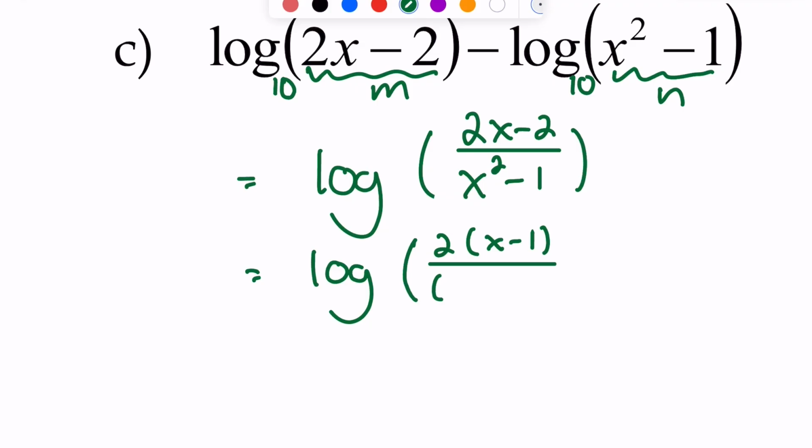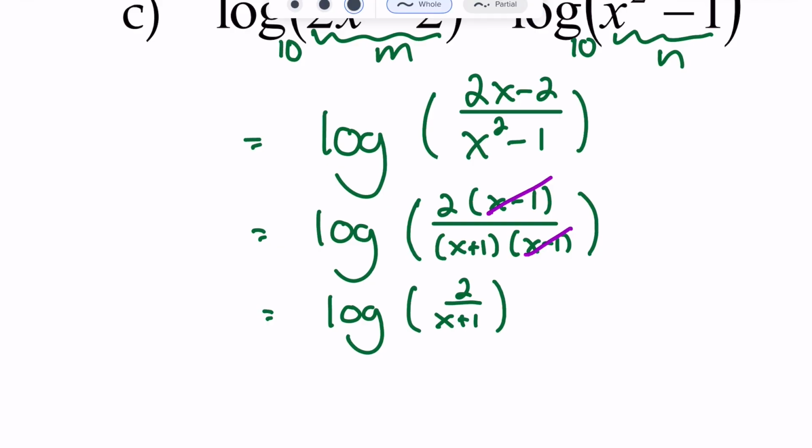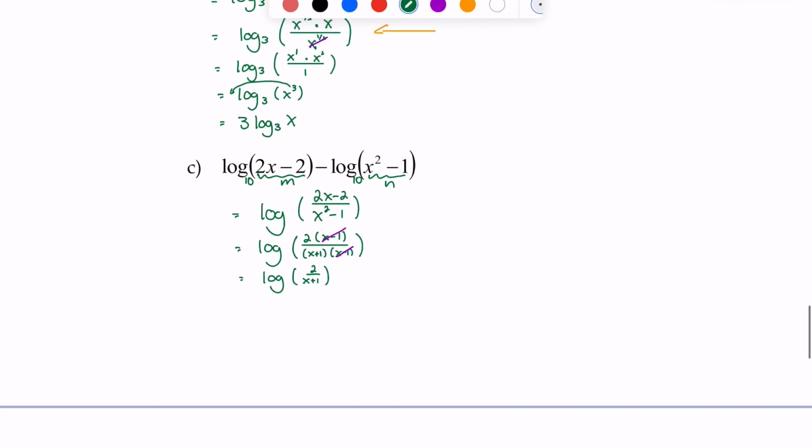So that becomes x plus 1 times x minus 1. So I'm going to cancel now my x minus 1s. And I get log of 2 over x plus 1. And that's your final answer, okay? Don't undo this. Like, don't separate this into the quotient because that's not simplified then. So that's the lesson.